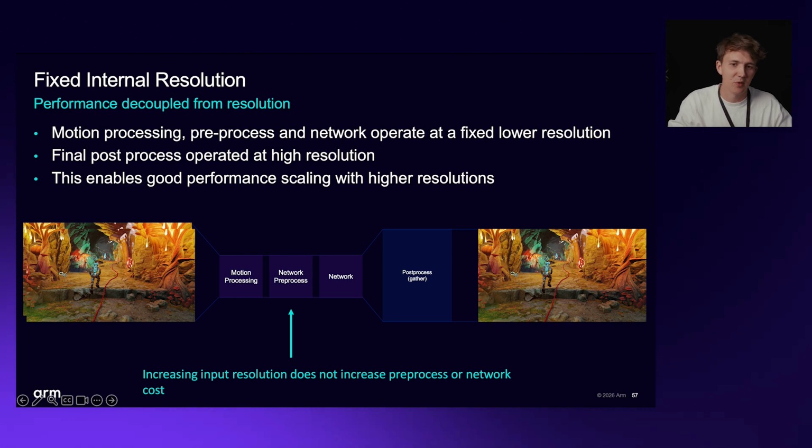Obviously it does add some cost if you run at a high resolution, because you have to do this gather at the high resolution, but it does not make the actual pre-process and network itself more expensive. And additionally, most of the resolution dependent work is handled relatively cheaply by a gather and compose step.